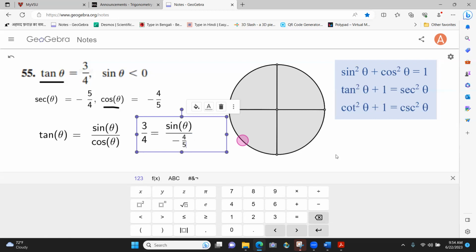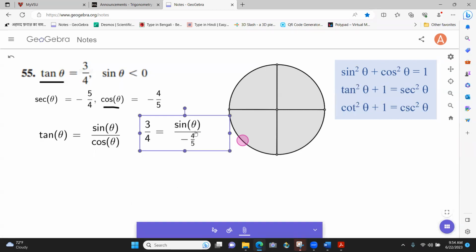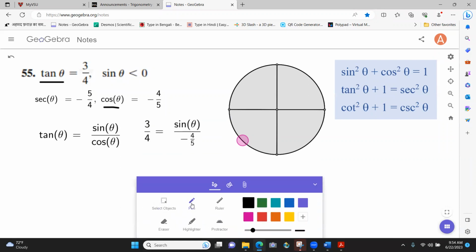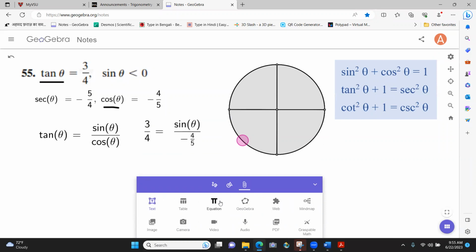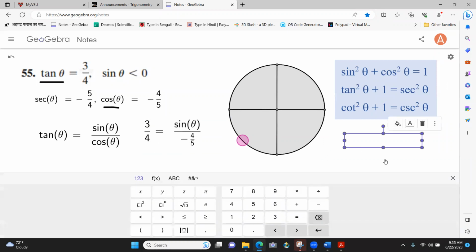Why? Because I calculated that right above. Now, it's called cross multiplication, guys. You can multiply this fraction with this fraction. I'm gonna do it by hand on the side, and I'm gonna write my final answer here. This is what's being done, okay?